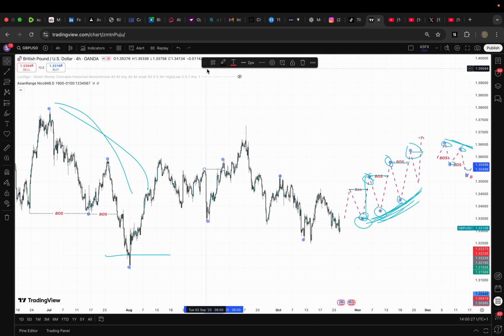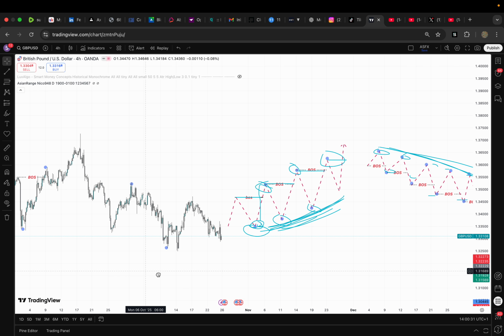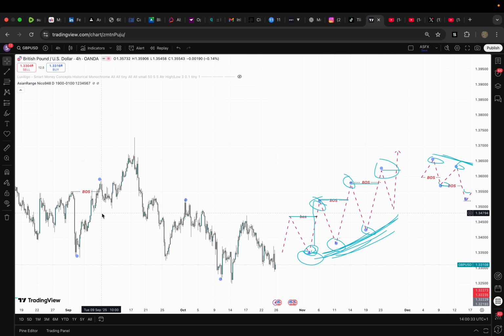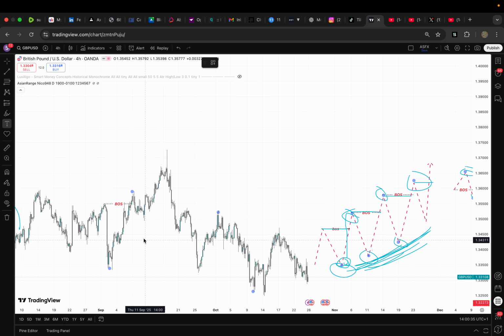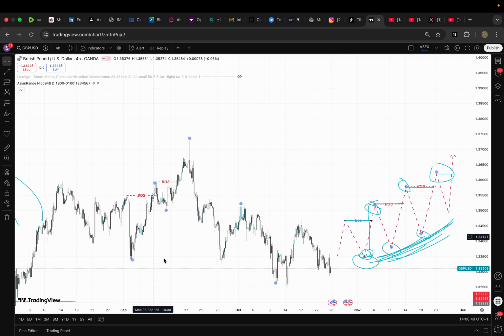Now we're gonna mark it out as our break of structure, and again from this high to this high. Why? Because market broke above the structure up on here, and this is called the break of structure.